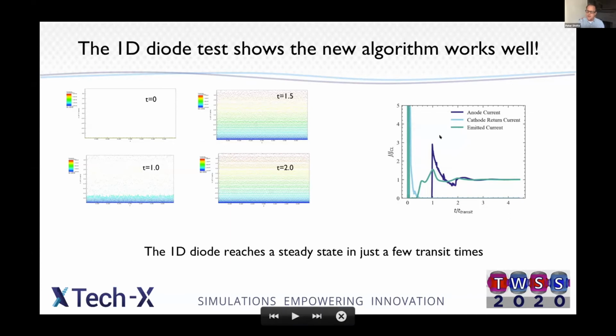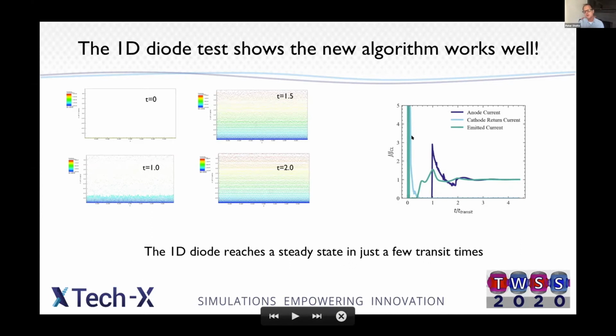Yeah, and you can see what happens, right, is that at the very beginning, the system tries to over emit for a little bit. That self-corrects because the electric field in that first cell actually turns around. So that's good. So this problem of over emission self-corrects, and it does so rather quickly compared to a transit time.